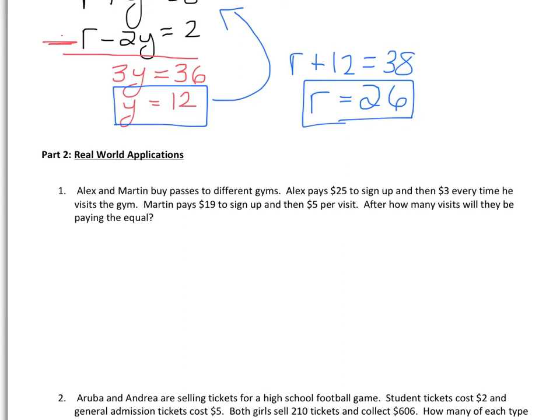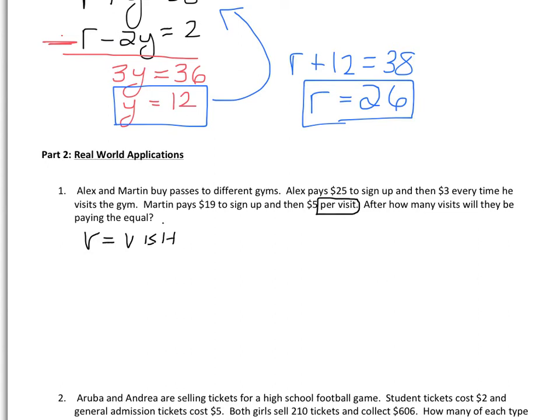And the key word that tells us which variable it is, is the "per visit." Okay? So visits is going to be the variable. How many times you visit the gym?